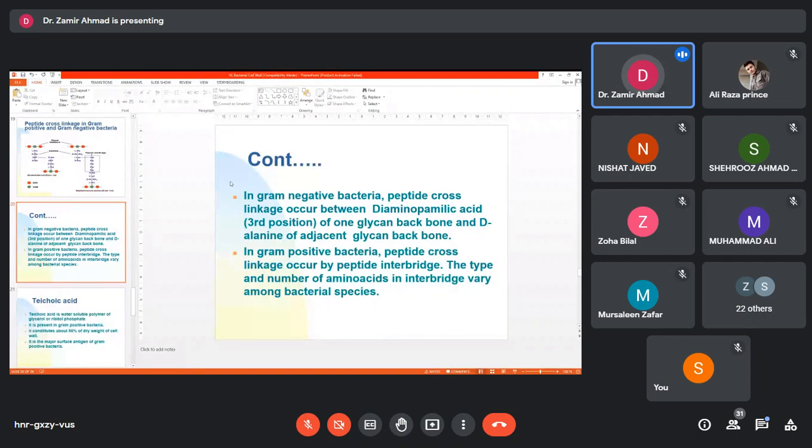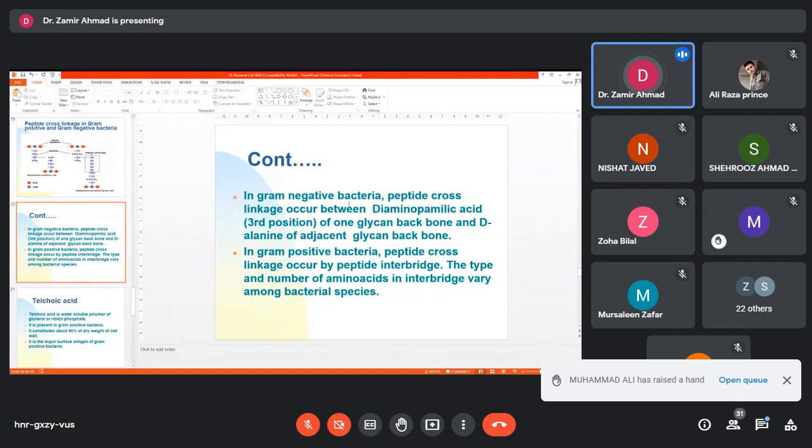In gram-negative bacteria, these peptide cross linkages occur between di-amino pimelic acid, which is present at the third position of the tetrapeptide, and D-alanine of the adjacent glycan backbone. This bonding is present only in gram-negative bacteria, because di-amino pimelic acid is not present in gram-positive bacteria.